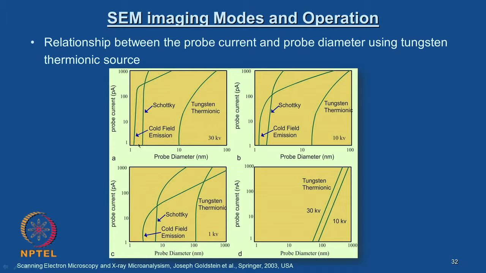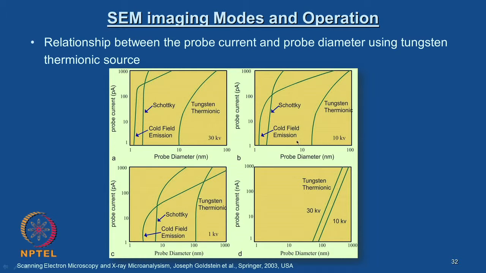Obviously, you can see that the field emission source exhibits a superior probe diameter at the given 30 kilovolt, which is normal imaging. And then you have another low kV imaging.